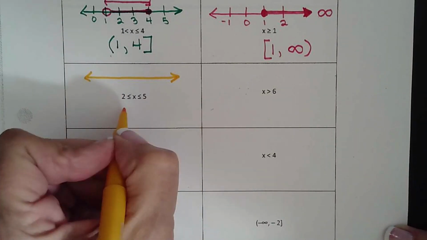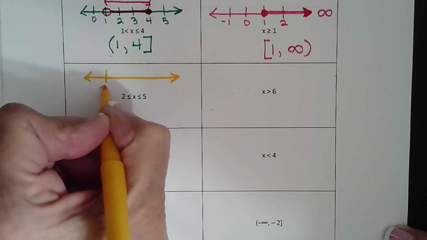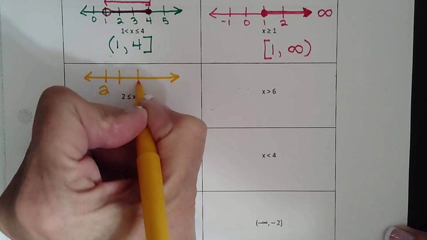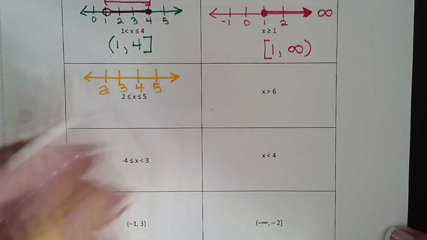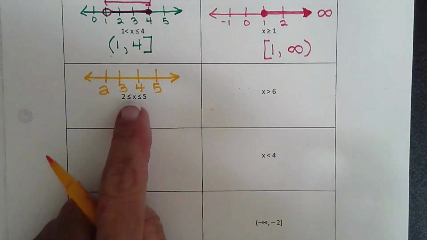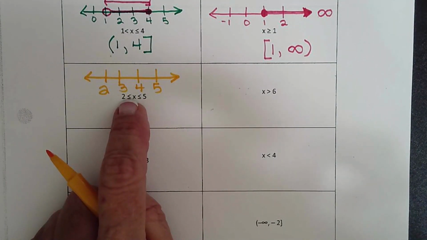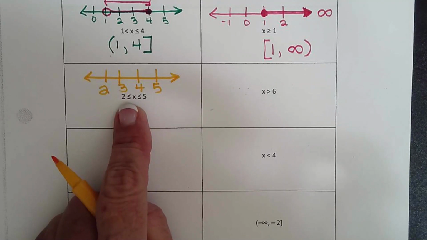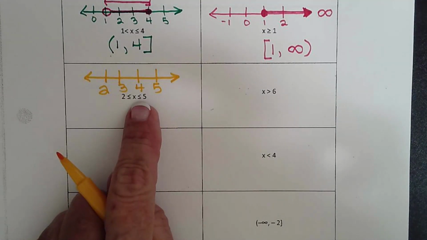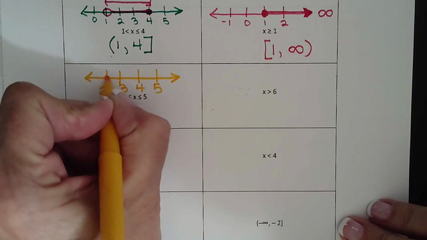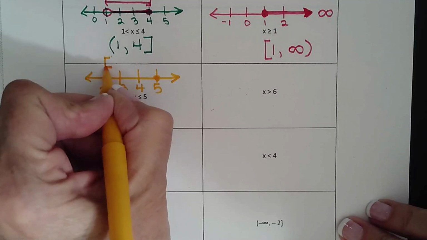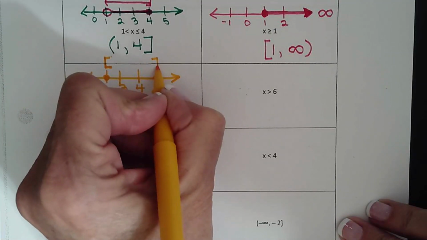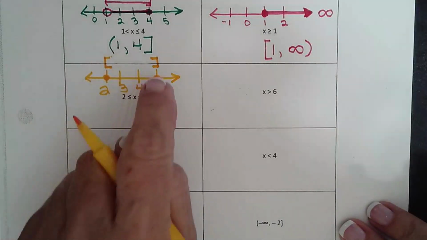Okay, so this one is 2, 3, 4, 5. And closed circles on each, because they both have an equal sign. So closed circle at 2, closed circle at 5, which means this graph would have brackets on both ends, because closed circles mean equal.